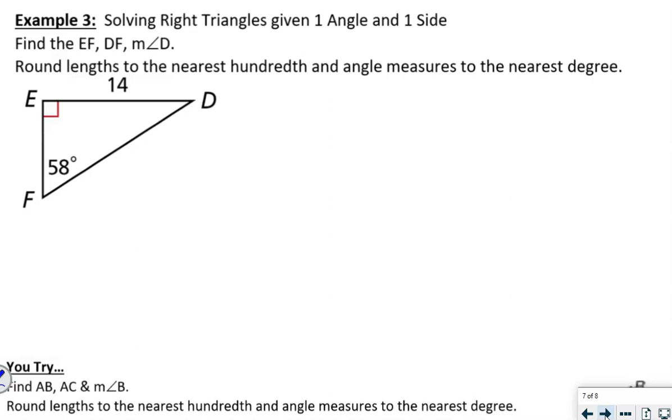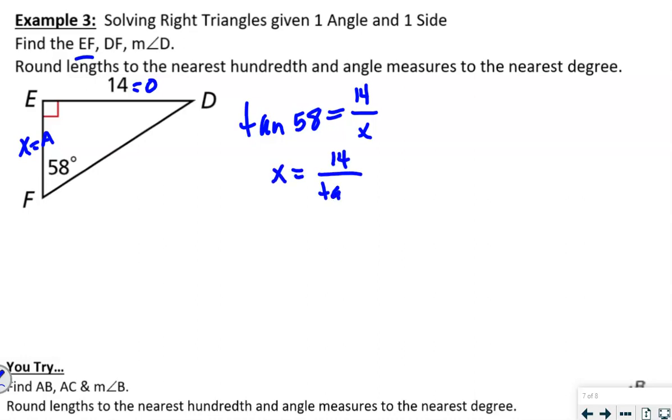If it's asking us to find EF first, and we're looking at this 58 degrees, this is going to be our opposite, and this is going to be our adjacent, which is equal to our A. What ratio is opposite and adjacent? Tangent, you're right. So the tangent of 58 degrees is equal to the opposite, 14, over our X. Remember, we swap the tan 58 and the X, so X is equal to 14 divided by the tangent of 58.